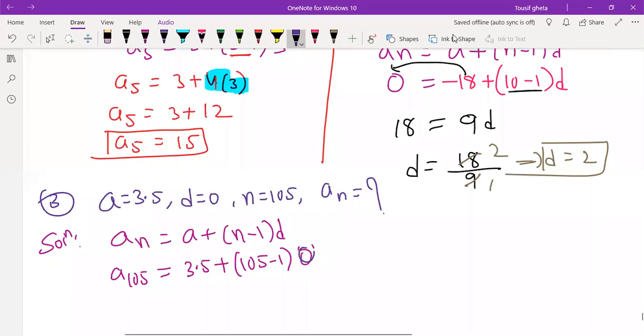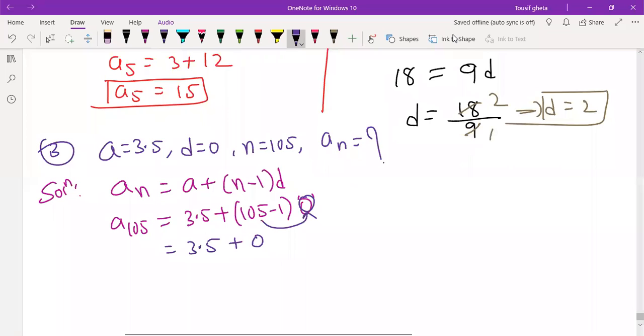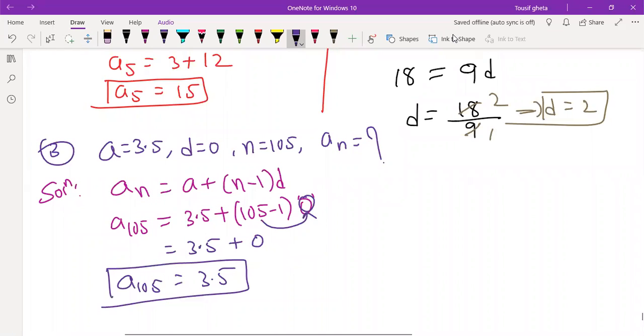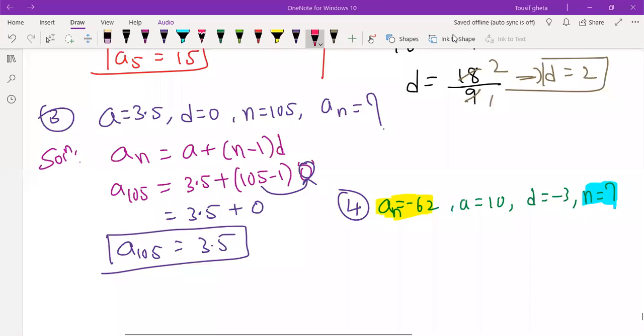So 3.5, and 104 into 0 will give 0 only. Why write anything else? Why waste time on minus and all this? So a105 is equal to 3.5. Done. It's time up.